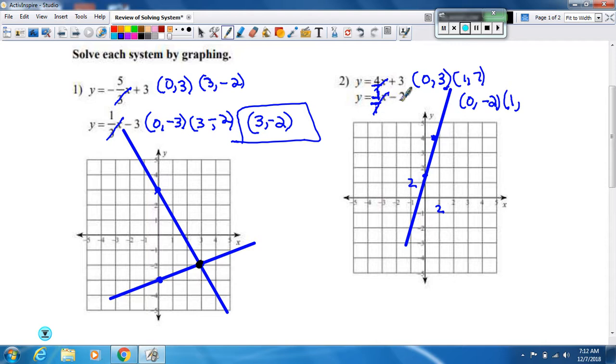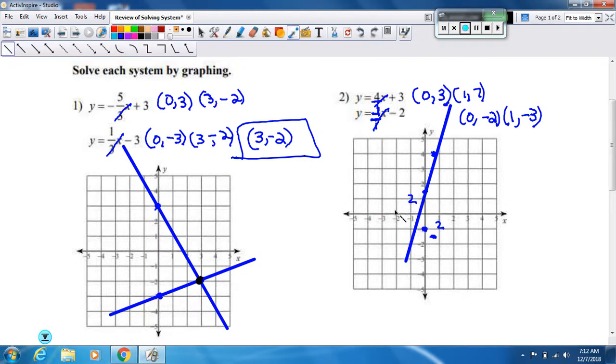So negative 1 and a negative 2 is a negative 3. So 0, negative 2, remember we're counting by 2s, so 0, negative 2 would be here, and 1, negative 3, if you're counting by 2s, that would be right here. I'm going to connect those points.